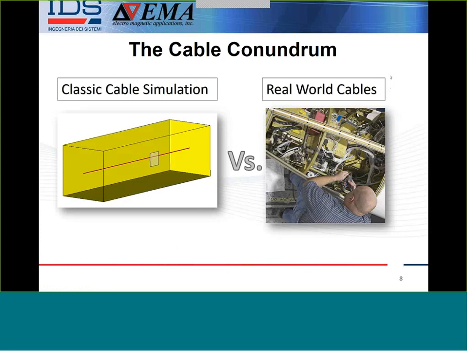So then the question is, what's the problem? A long time ago, since the beginning of time, and it still happens today, you will see people trying to model an aircraft bay on the right using a simulation model that looks like it does on the left. Well, what's wrong with that?